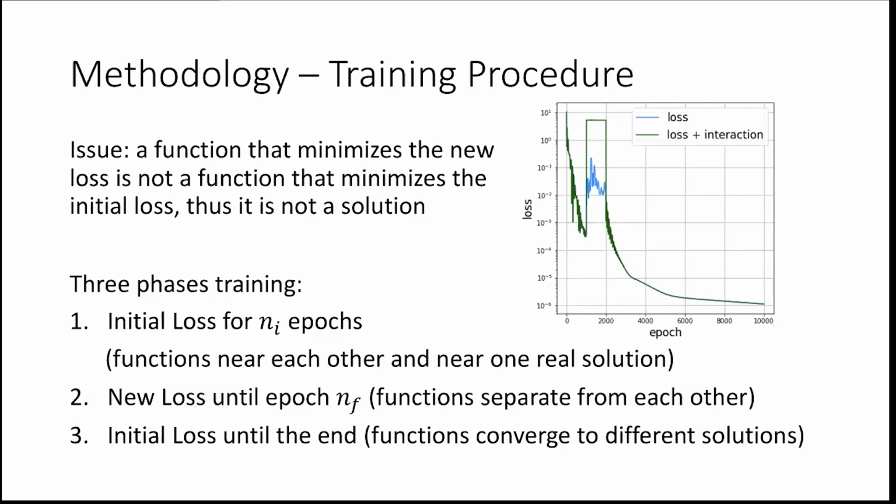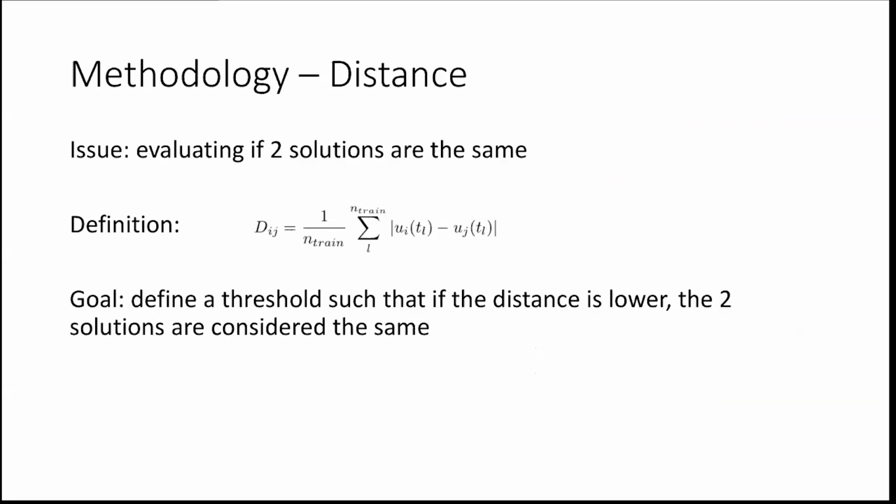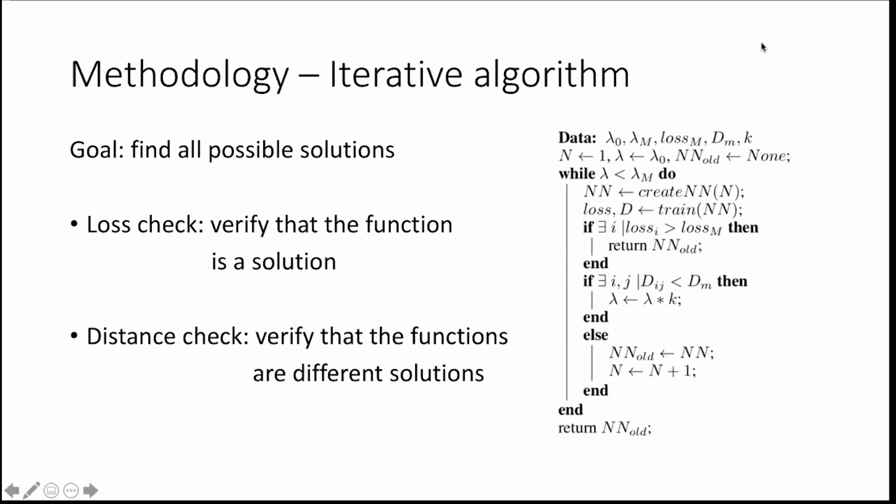But in your, can you show the algorithm again? Yep. So the training phase. It seems like you're changing lambda all the time. So is this critical in the algorithm? I'm changing lambda only if they converge to the same minima.